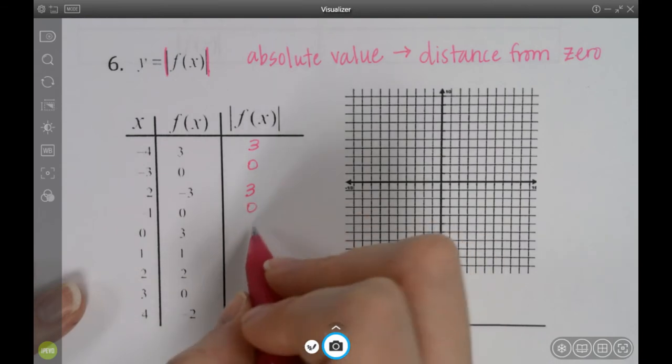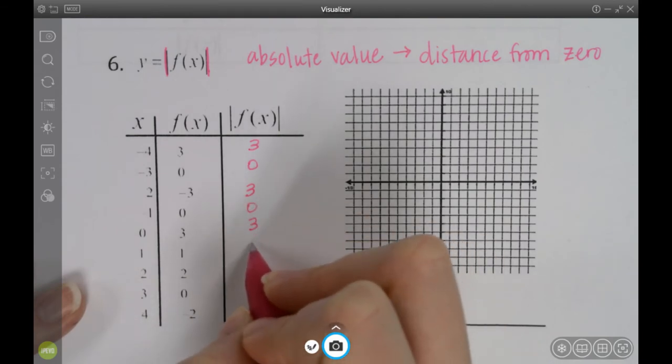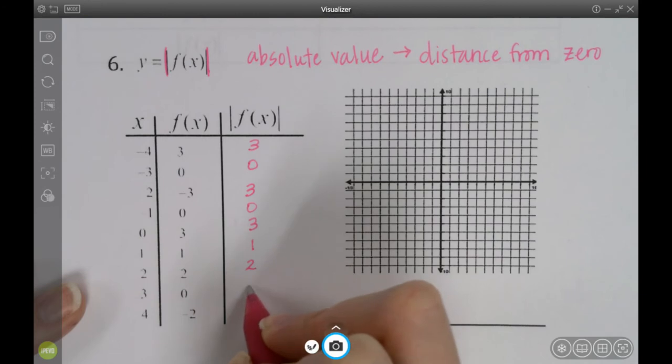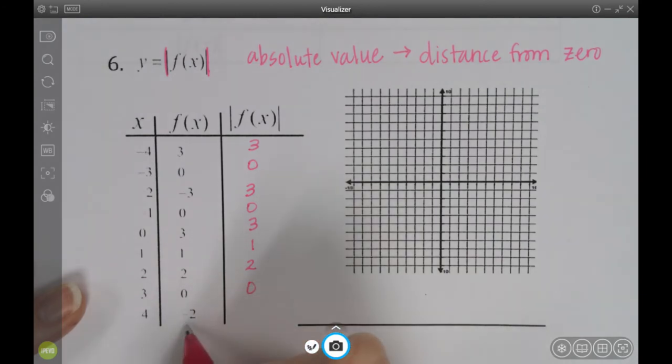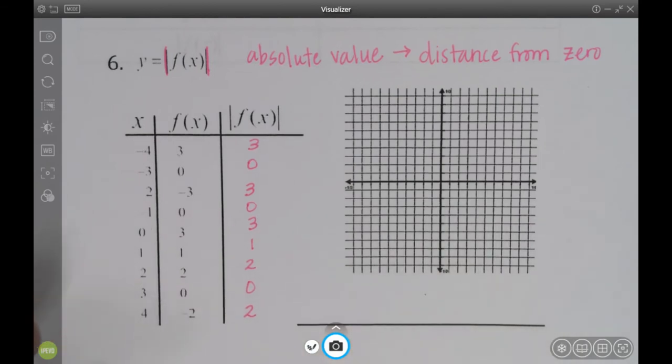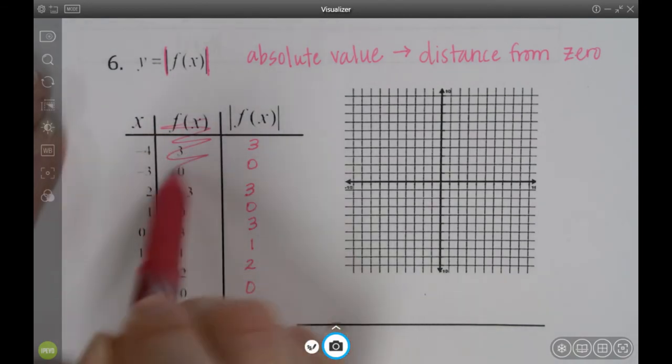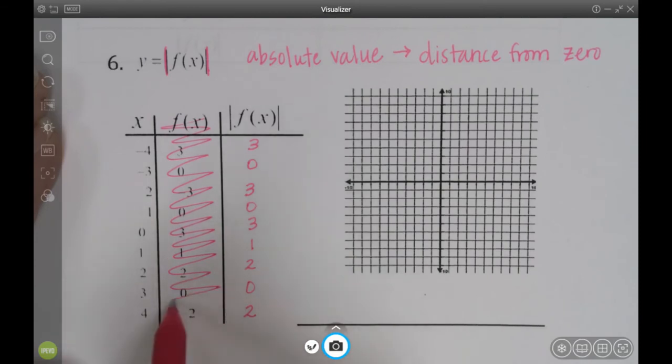Absolute value of 0 is 0. 3, +1, +2, 0. The absolute value of -2 is +2. So all I did was make all of those y values positive instead of negative. So go ahead and plot those points.